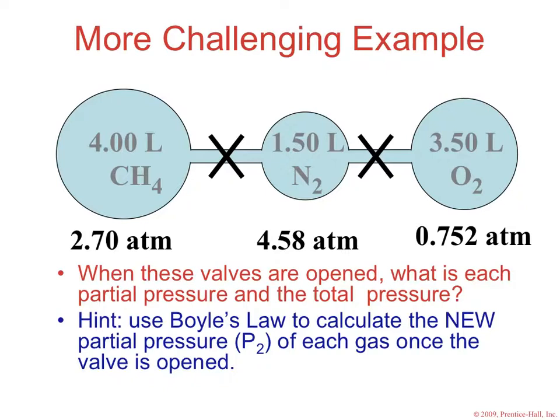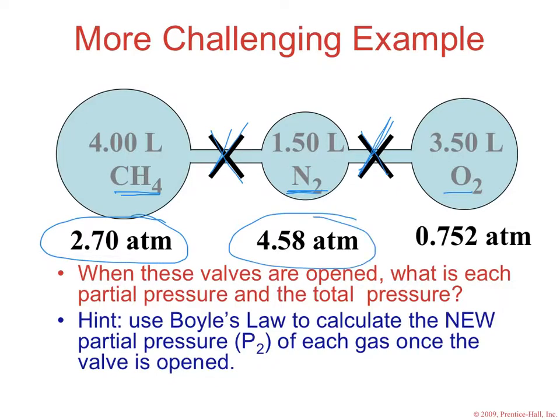So you have a situation, which is not uncommon if you're doing a reaction between different types of gases, where you have, in this case, 3 different gases, and they're isolated. These little X's represent valves that close or isolate the gases from one another. And the pressure of each of the gases in the chambers is given, because they're isolated, they're not a mixture yet.